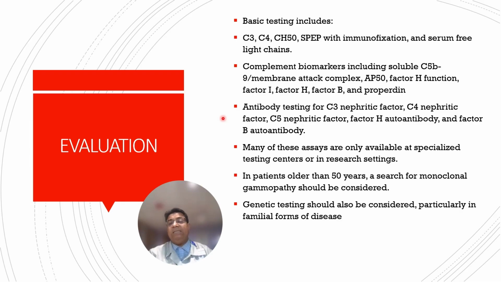Some of these assays may not be available in all centers. A search for monoclonal gammopathy should be considered in patients older than 50 years, and genetic testing should be considered, particularly in familial forms of disease.